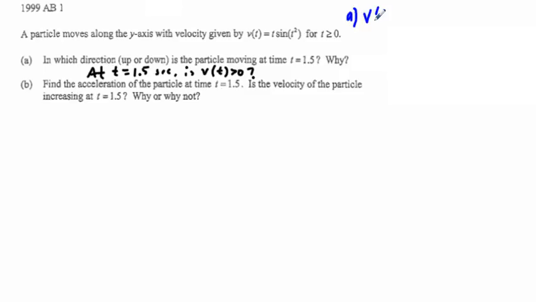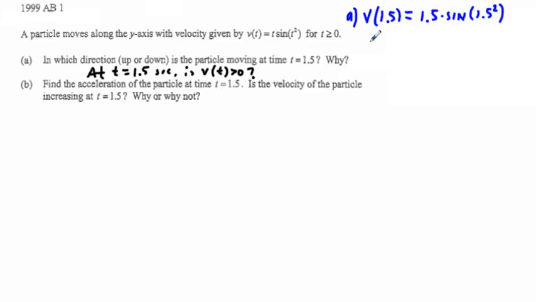V of 1.5 is equal to 1.5 times sine of 1.5 squared. It's t squared, right?